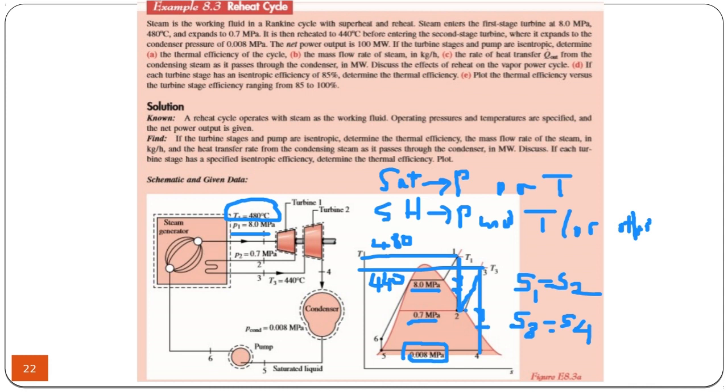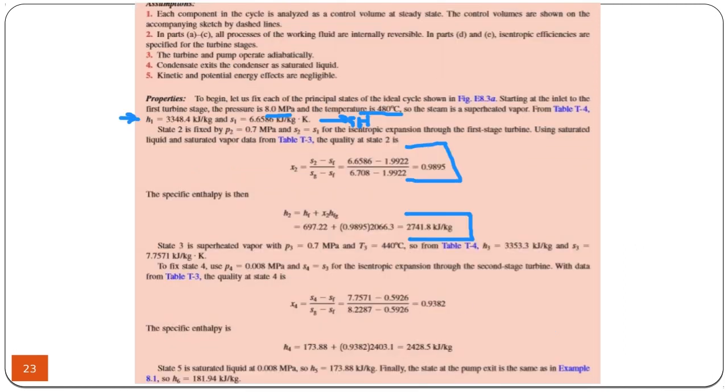Similarly, we will calculate the quality at the second turbine exit. The inlet conditions of the second turbine are 0.7 megapascals and 440 Celsius, so we can read H3 as well as S3, which is equal to S4, from the table. So we can calculate the quality at the exit of the second turbine, and the quality of the second turbine exit is 94%.